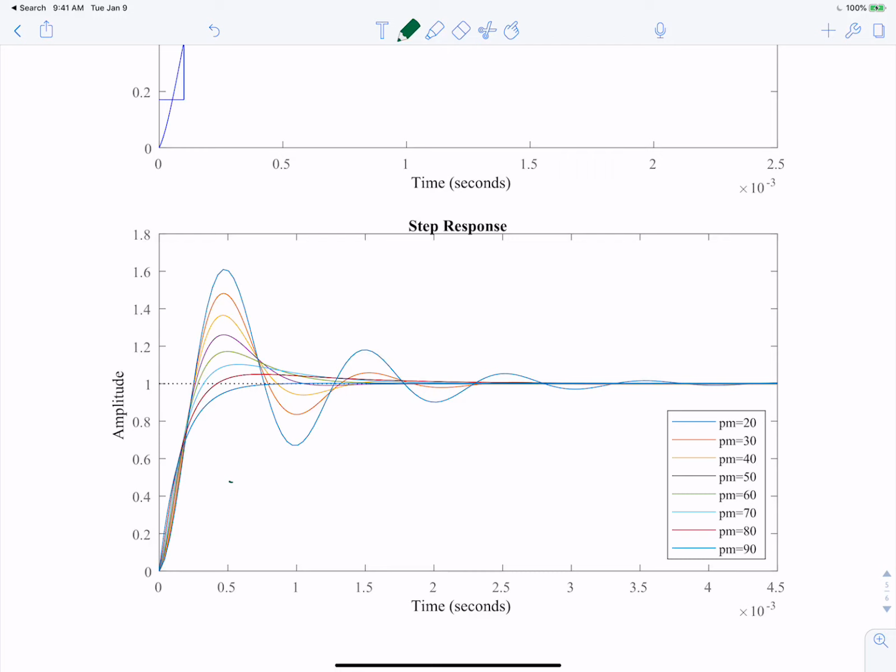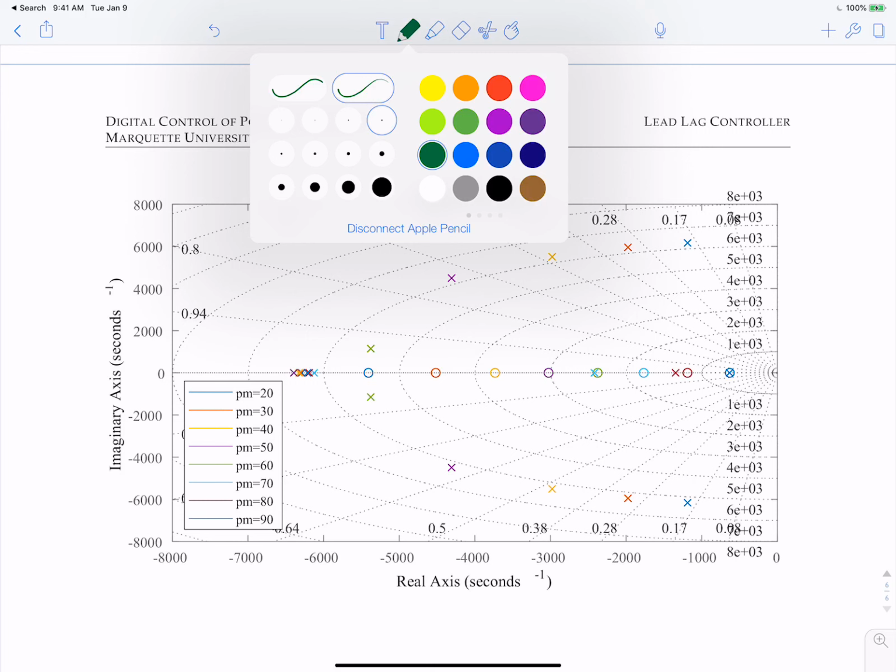Now the other thing I'm going to show you is, we didn't do a closed loop pole plot, or a plot of the poles tracking where they go, type of design. We did it from the Bode plot, but let's take a look at what phase margin did to the closed loop system poles as we change them. So what we're looking at is a pole zero map as I swept across the various phase margins.